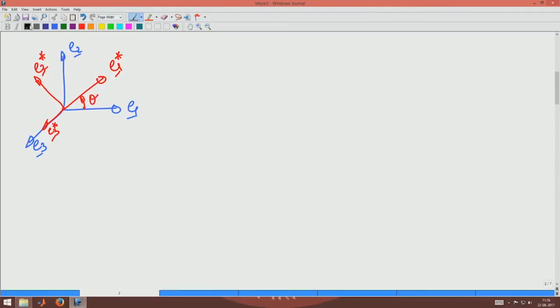So, now what is E1 star in terms of E1 and E2? I have to project E1 star onto E1, that will be cos theta E1, plus projecting this onto this, which is 90 minus theta, it will be sin theta E2.